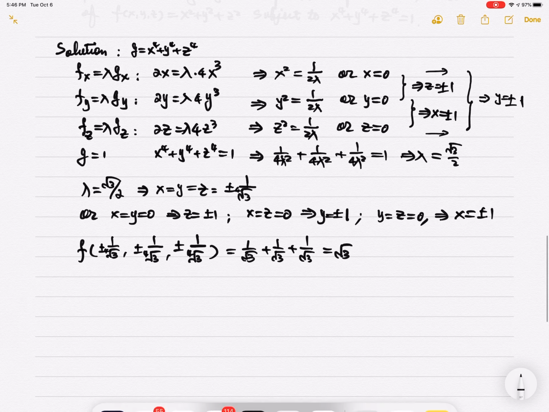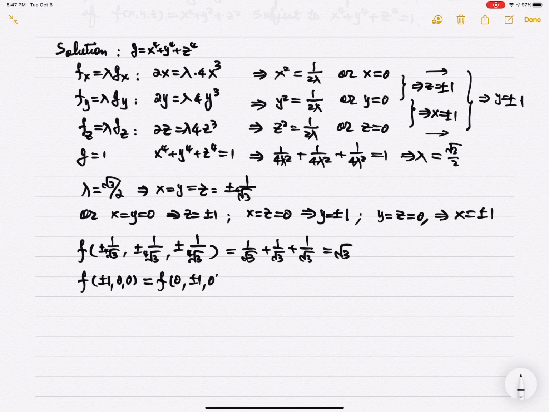And then we say f at positive or negative 1, 0, 0. You see all those points satisfy the second equation g. This is equal to f of 0, positive or negative 1, 0, equal to f of 0, 0, positive or negative 1.